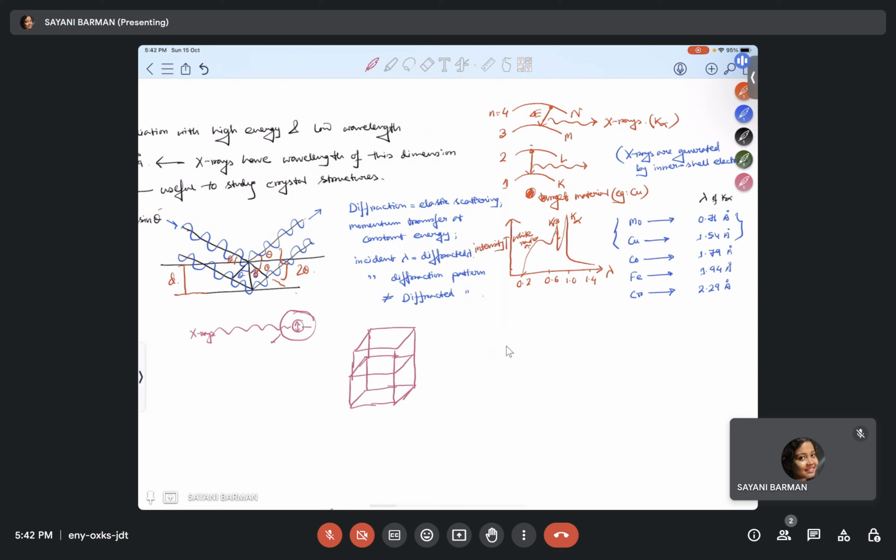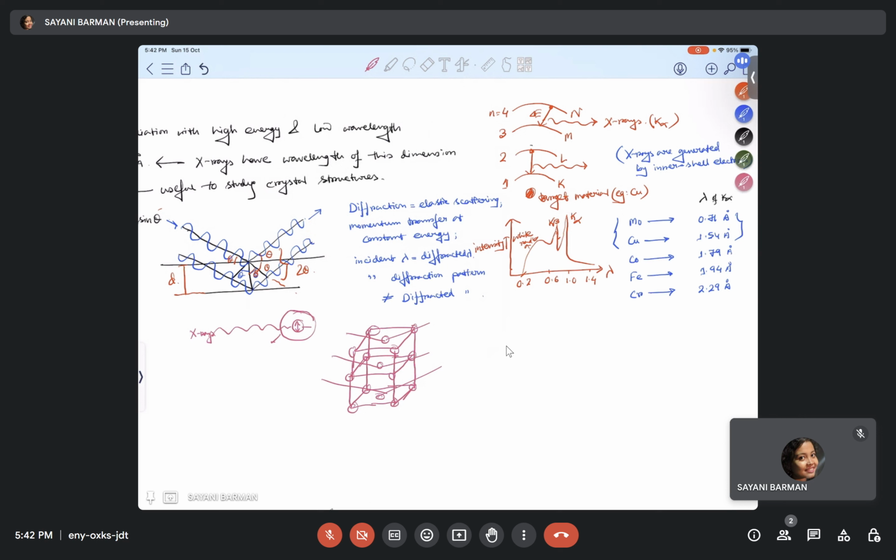Let's say here are atoms. Now different diffraction patterns will get generated like this. Diffraction from different planes of atoms produces different diffraction patterns.